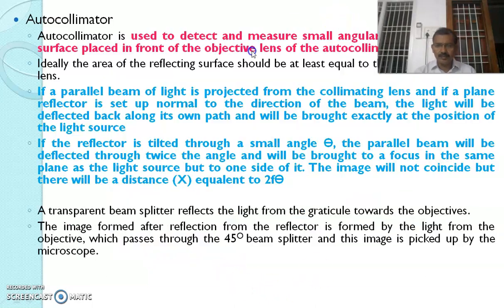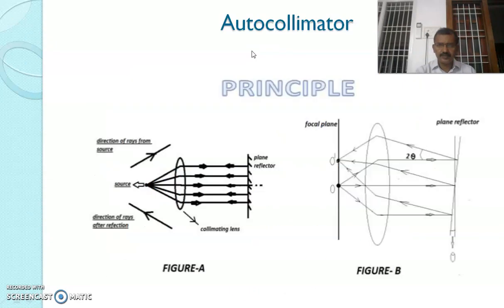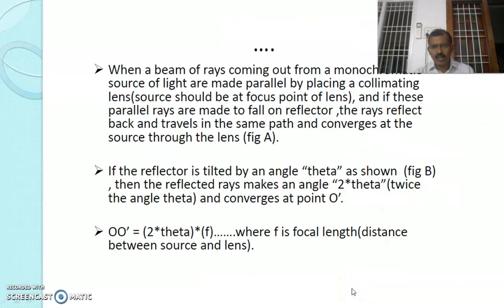In the previous slide, O dash equals 2 into f into theta, where f is the distance between the source and the lens. If the workpiece or plane reflector is tilted by theta, the ray will be deflected by 2 theta. This is the working principle of auto collimator.